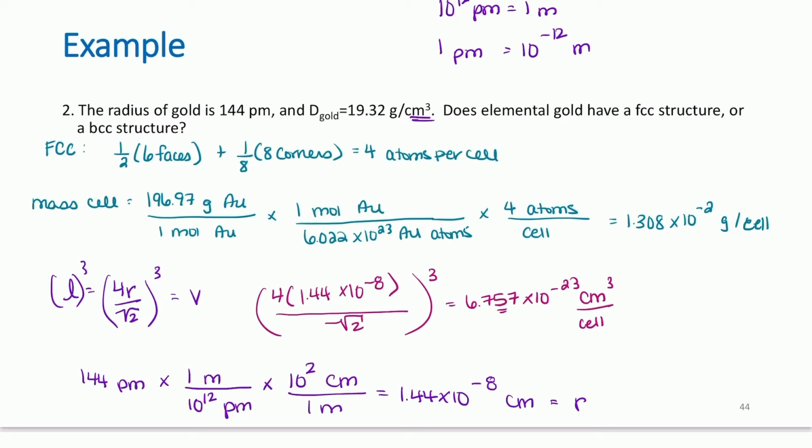Now I'm going to calculate the density. I'm going to do that up here. 1.308 times 10 to the minus, that should definitely say 21 there. So please make sure you wrote 21, not 10.